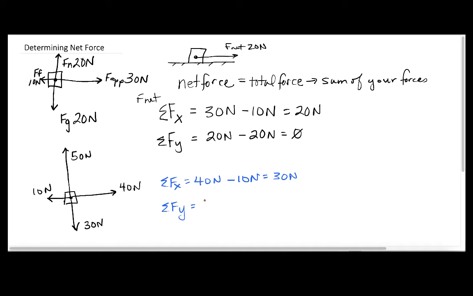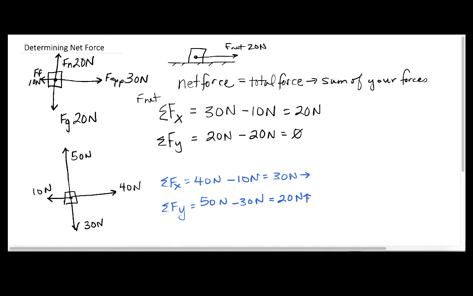In the Y direction, we have a 50 newton force going up and a 30 newton force going down. And so that leaves us 20 newtons up. So we know that overall we have a net force to the right as well as a net force up.